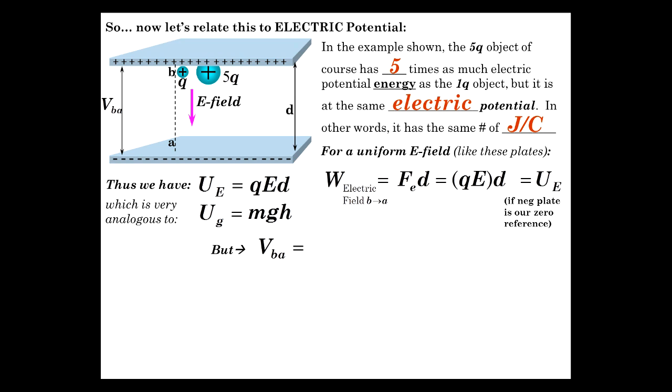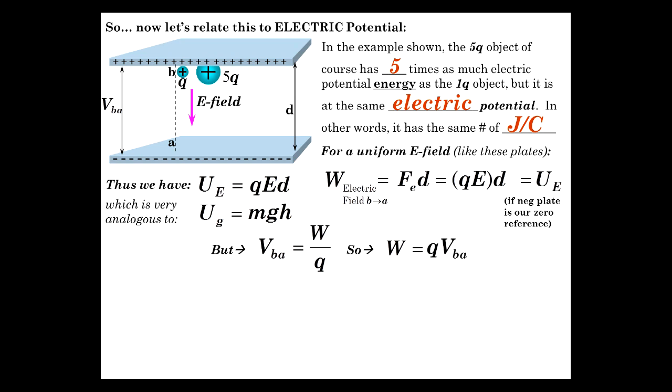Now, we know that VBA, potential, is energy per charge, or work per charge in moving it across this potential difference. Well, the work in moving it through an electric field, I should probably say, so I don't have a circular argument. The work to move the charge through an electric field divided by the charge is the potential difference.